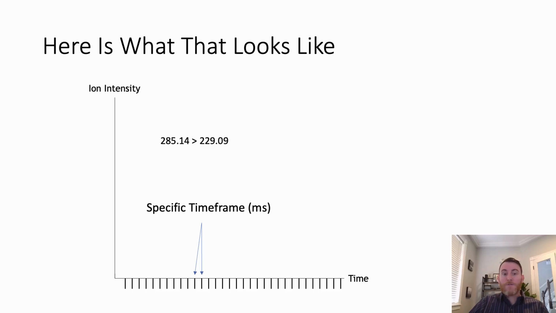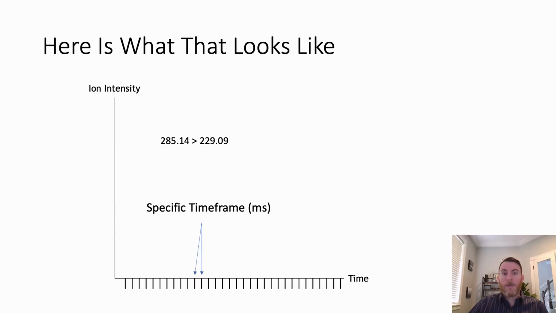And so if you are asking the mass spectrometer, hey, I want to look at this specific transition for this specific time frame, I have now asked it to optimize its optics and electronics to look for this specific mass, this in quadrupole 1 and this in quadrupole 3, based on that criteria.